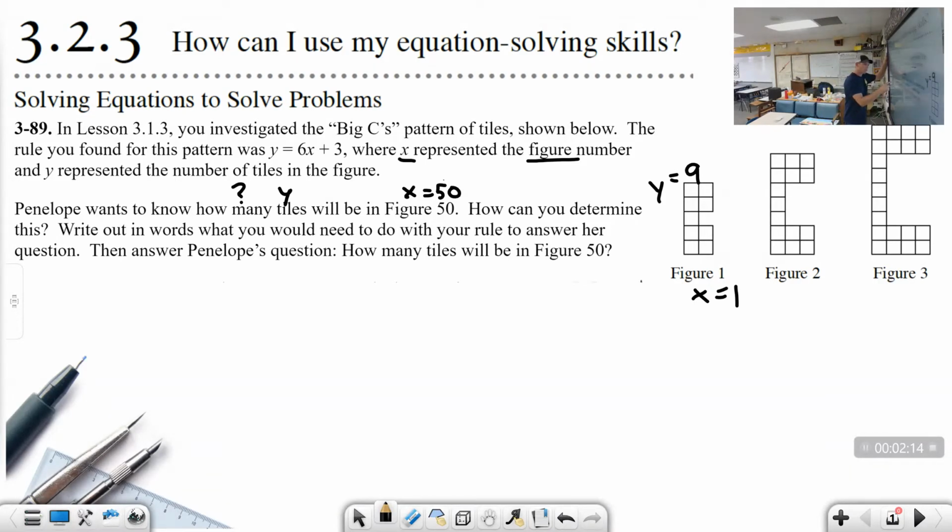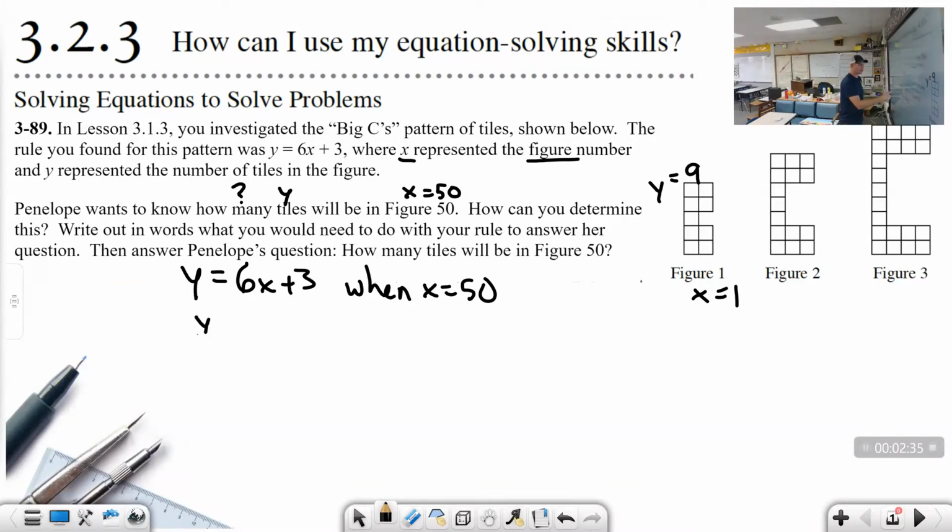So here we go. We take our rule, y equals 6x plus 3, and we want to know when x is 50. That's her question. How many y's when x is 50?